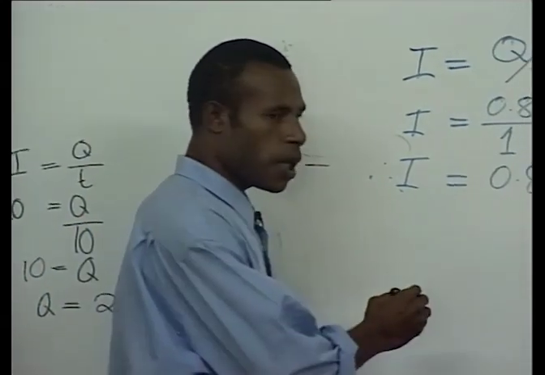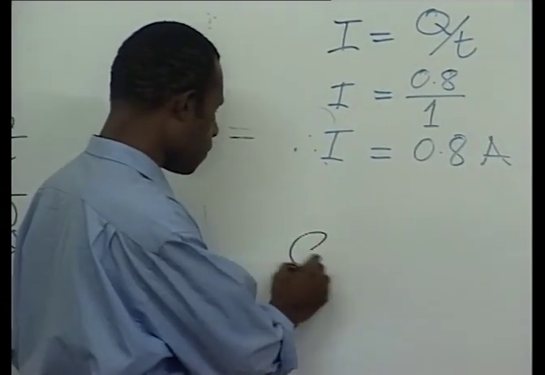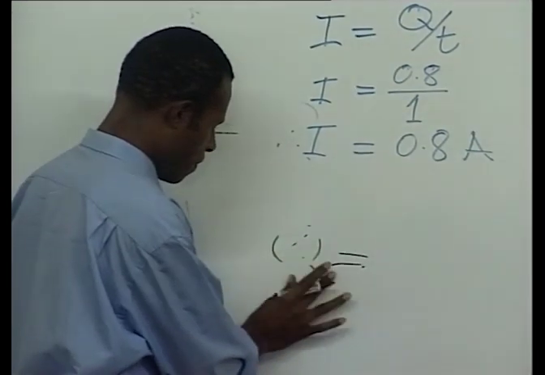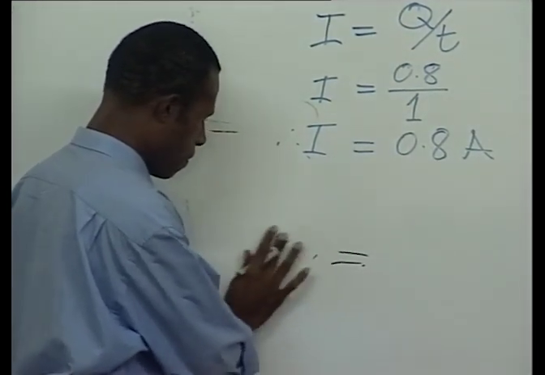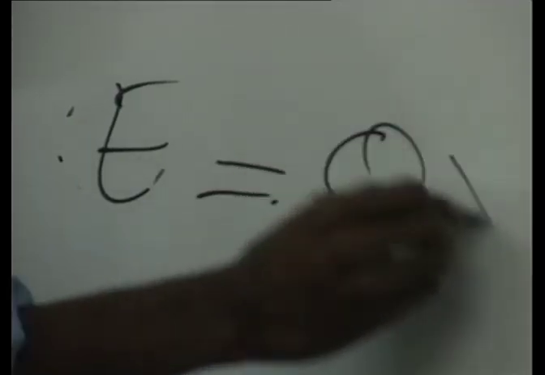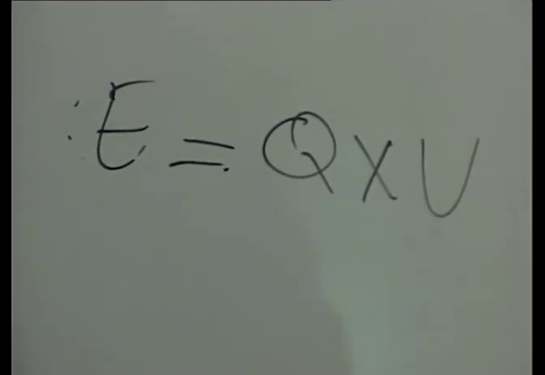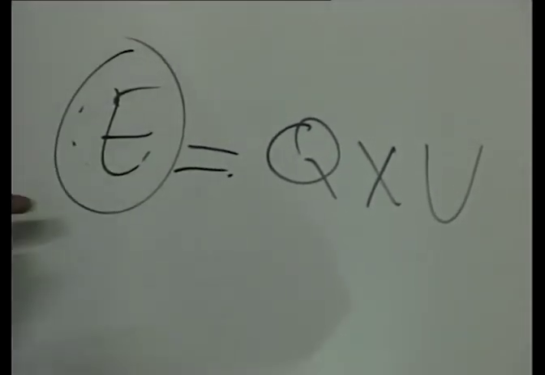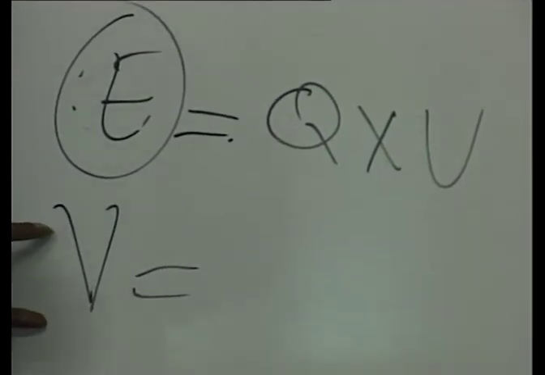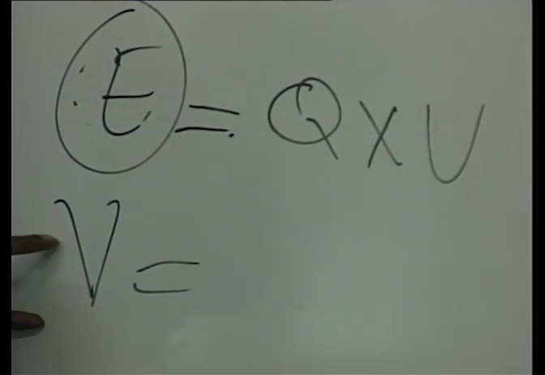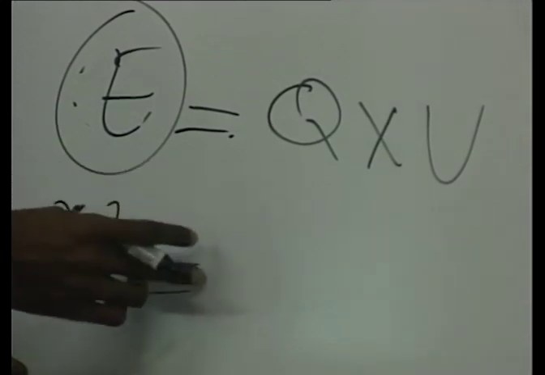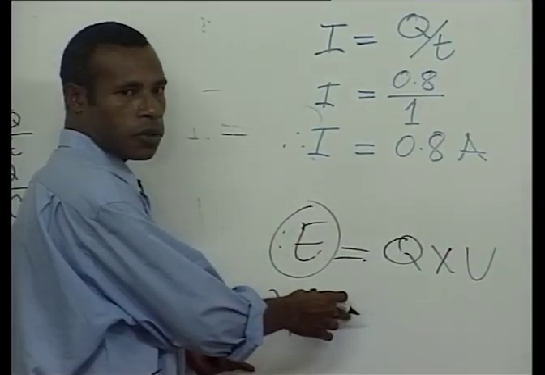You will be coming up with equations, which are, charge equals to, energy equals to Q times V. So if the voltmeter gives you the voltage, V, that shows you the amount of energy that is given to 1 coulomb of charge.